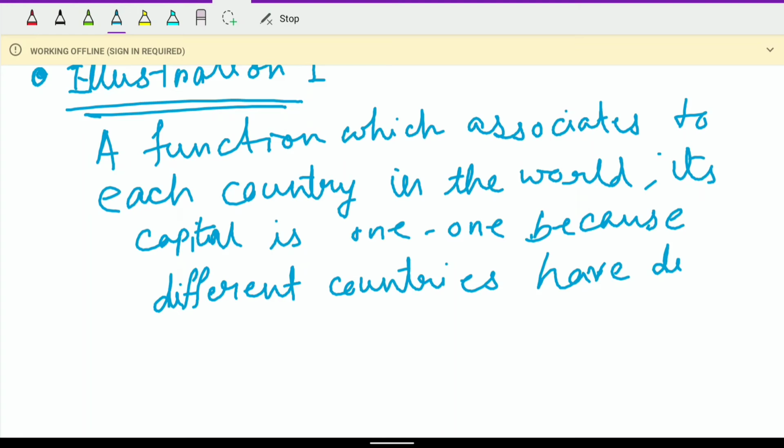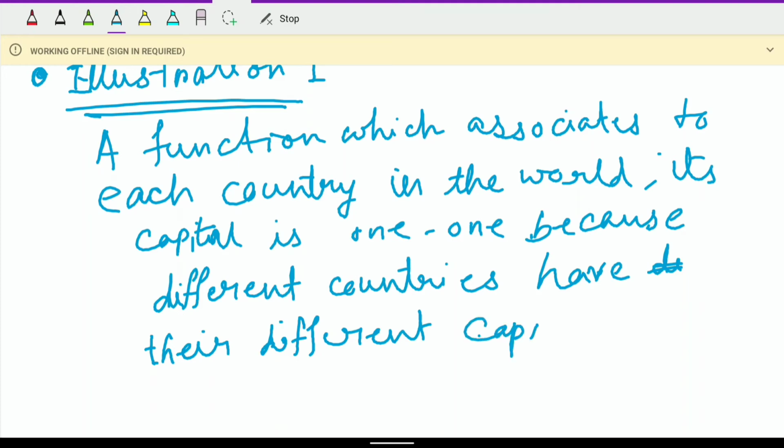Are you getting my point? So if we assume a function which associates to each country in the world its capital, it is one-one because different countries have their different capitals. So it is a one-one function.